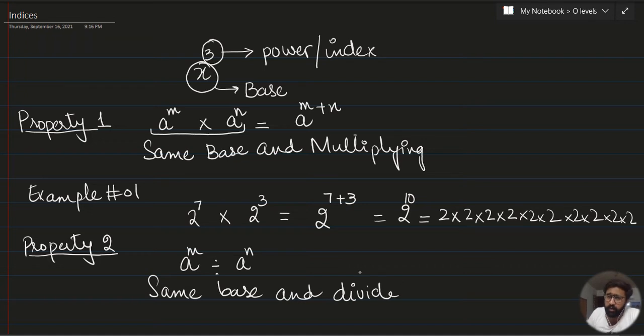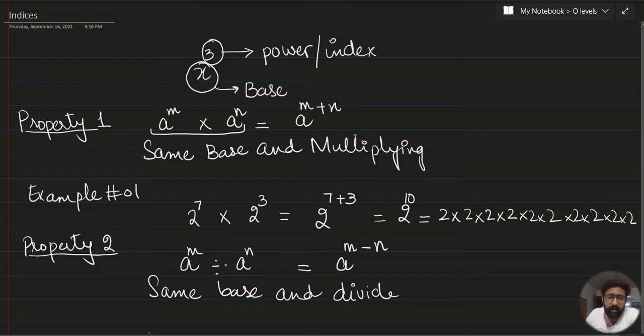Unlike the previous property where they were multiplying, here they are dividing. So what are you going to do? You are just going to write the base once, and the first power subtract the second power. Instead of writing it out and simplifying it in total, you just need to write down the powers. First power subtracted by the second power, of the two numbers which are dividing over here.